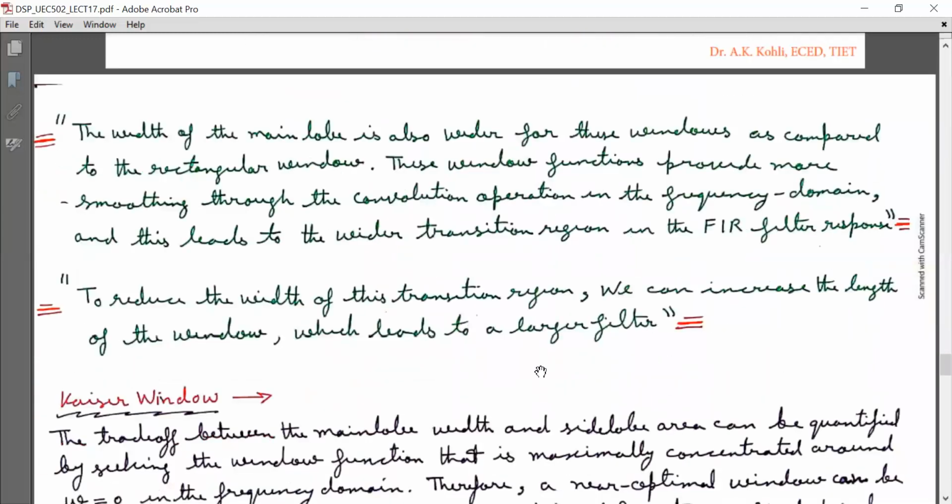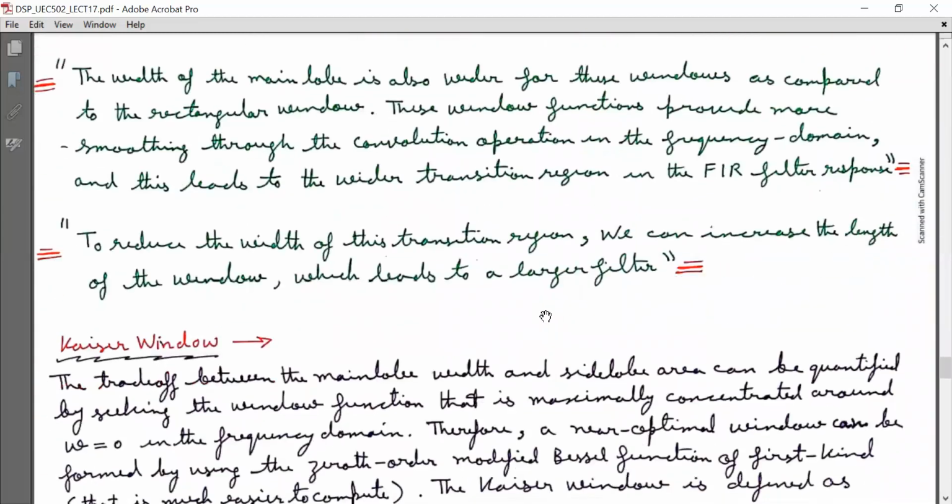Now the inference is that the width of the main lobe is also wider for the other windows as compared to the rectangular window. These window functions provide more smoothing through the convolution operation in the frequency domain, and this leads to a wider transition region in the FIR filter response.